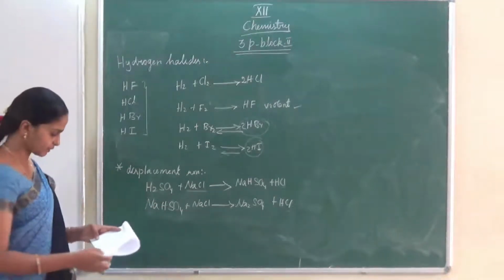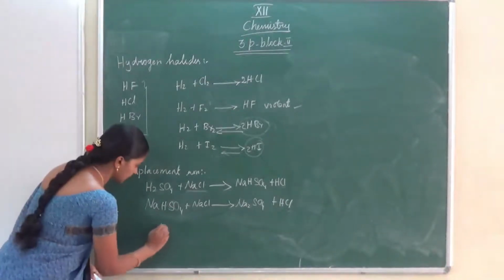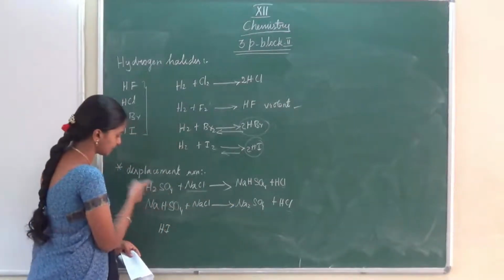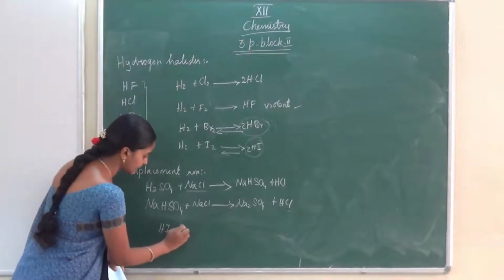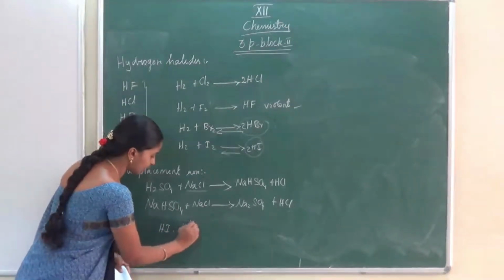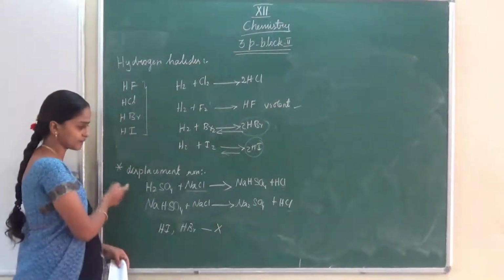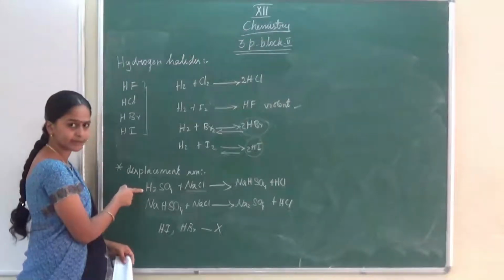Okay, the next one. In this process, HF also can be prepared by the same displacement method, using the ionic fluoride, but HI and HBr cannot be prepared by this method. Why can we not prepare them by this displacement method? For this displacement reaction, we are using sulfuric acid.